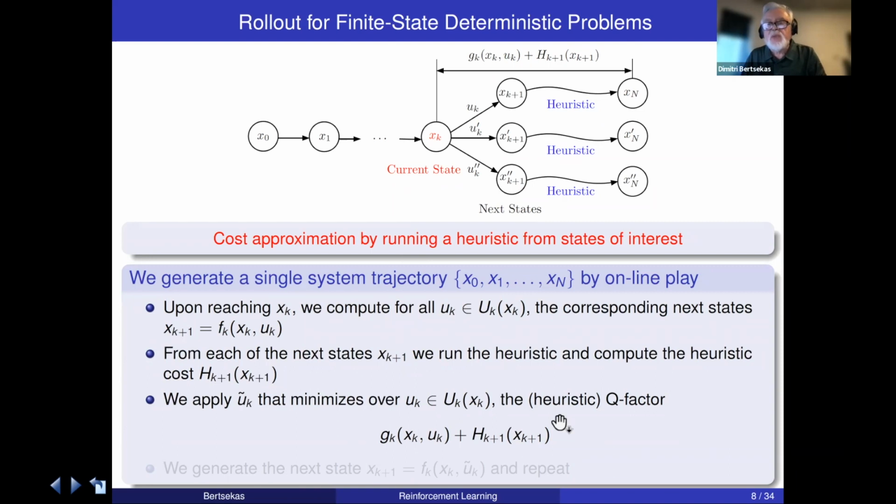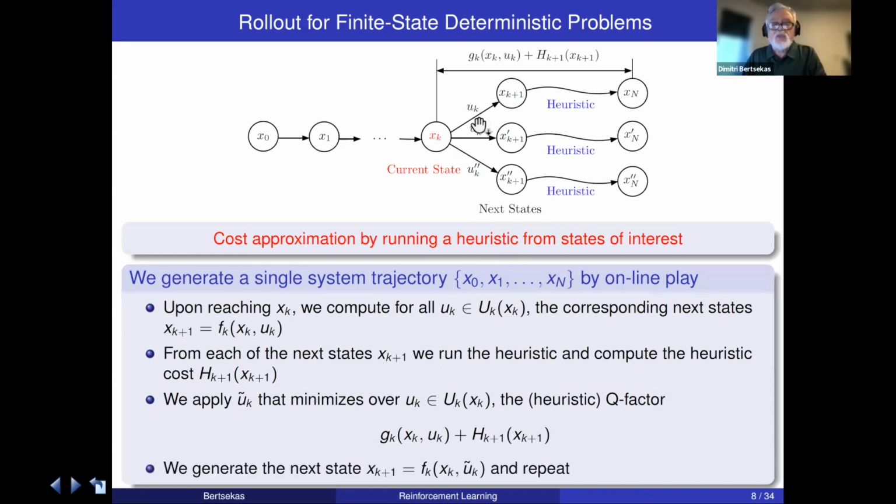So it is approximation in value space, with Hk plus 1 taking the role of J tilde k plus 1. However, this heuristic is applied online through some kind of simulator or some kind of analytical calculation. And this is done for all possible values of the control.